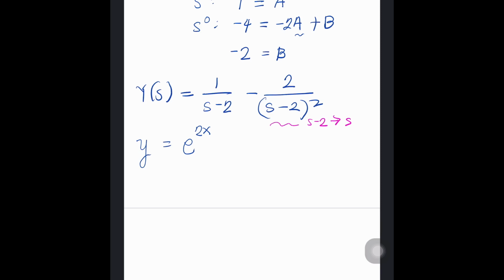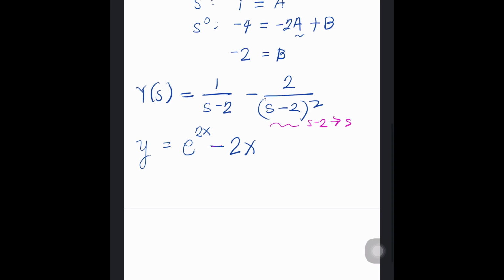So that becomes negative 2 over s squared. What is the inverse Laplace of negative 2 over s squared? That is negative 2x. Then we use the change of domain from s minus a to s, so we get minus 2x e to the 2x.